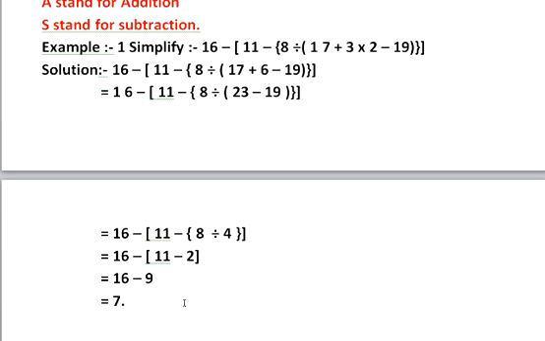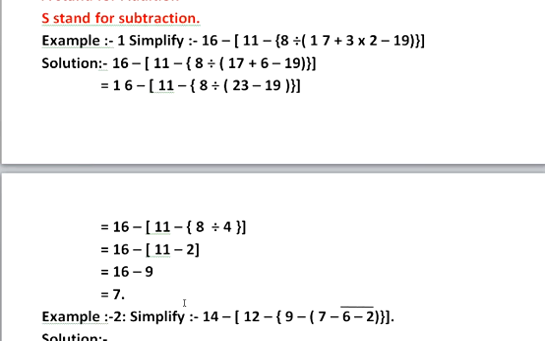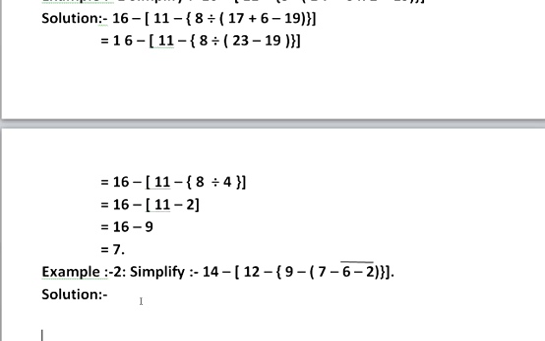Okay, so this is the way to simplify the brackets of an expression. And now we learn by another example. Example number 2, we simplify 14 minus square bracket 12 minus curly bracket 9 minus small bracket 7 minus bar 6 minus 2, and the brackets are closed one by one. Here the vinculum is given.